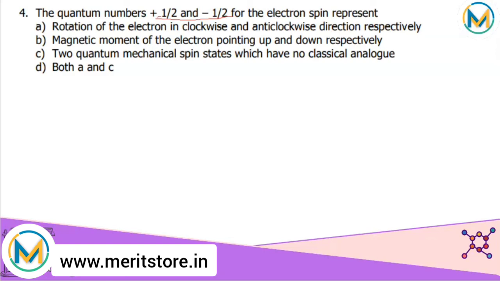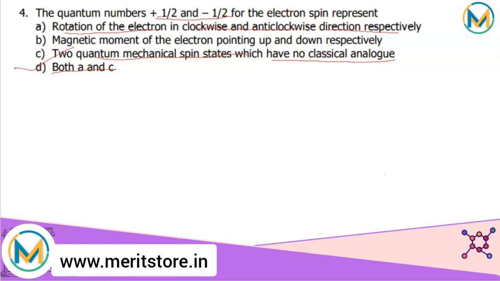These are two quantum mechanical spin states which have no classical analog. Hence the correct answer is option D, which says both A and C, that is rotation of the electron in clockwise and anti-clockwise direction respectively, and C is two quantum mechanical spin states which have no classical analog. So the correct answer is option D.